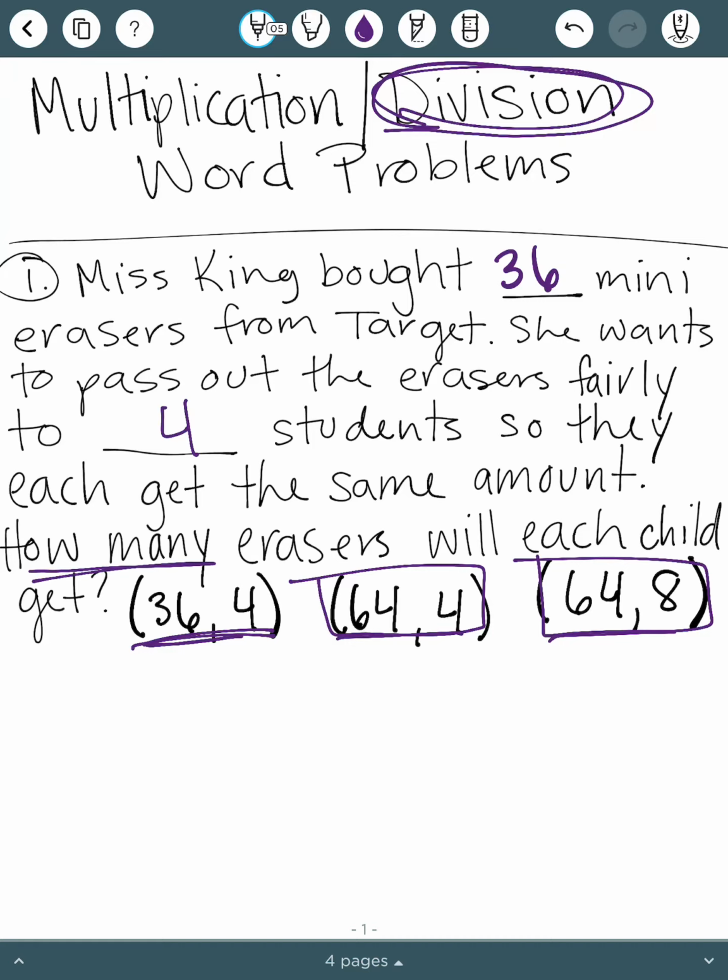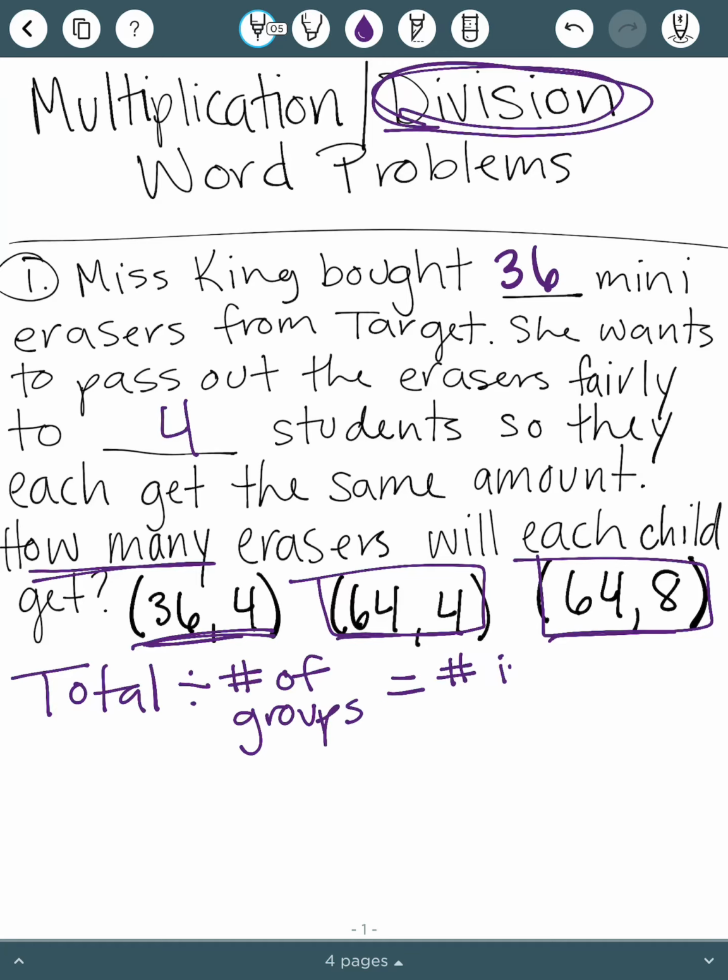So our little thing that we always use is the total divided by the number of groups equals the number in each group.